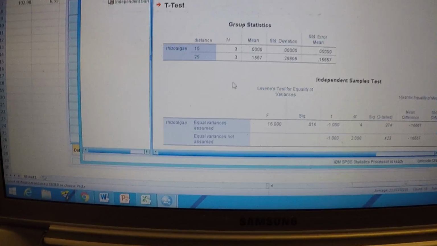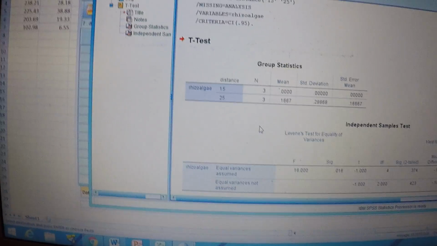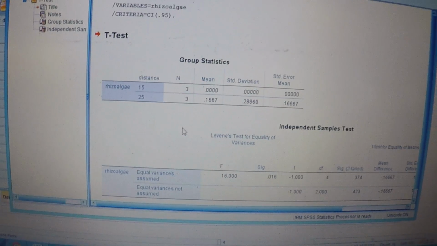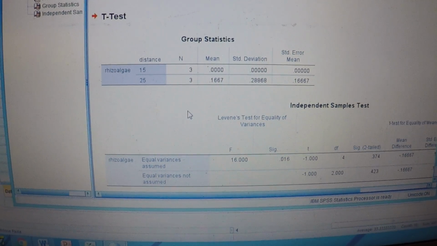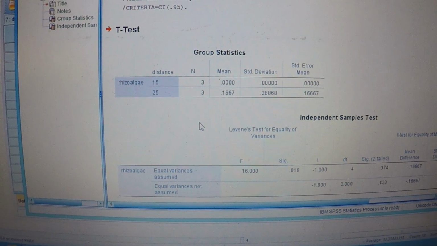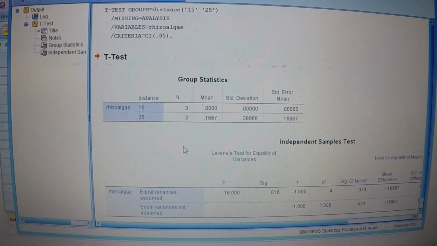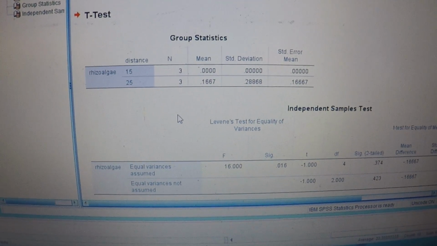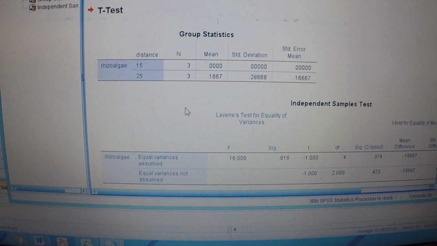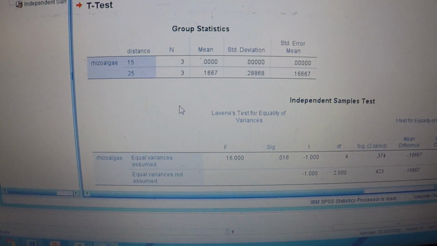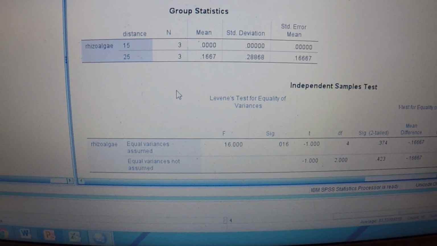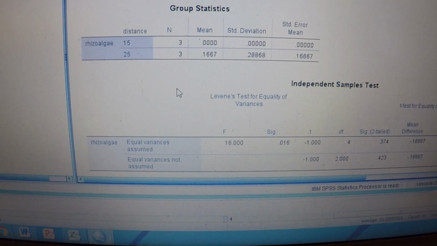Okay, the next thing that we have to do is look at results from not just the t-test, but an assumption that is supposed to be met for you to run the t-test. So there are various assumptions that are supposed to be met, and I'm not going to go in depth into this because that's kind of a higher level calculus class as far as I'm concerned. But one of them is this equality of variance tests.